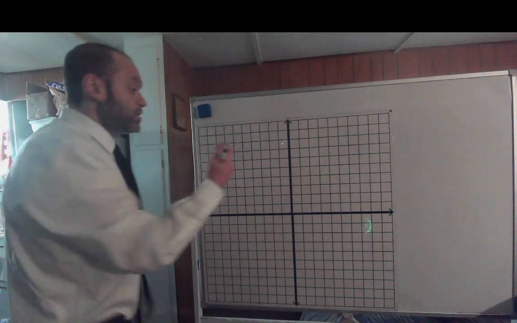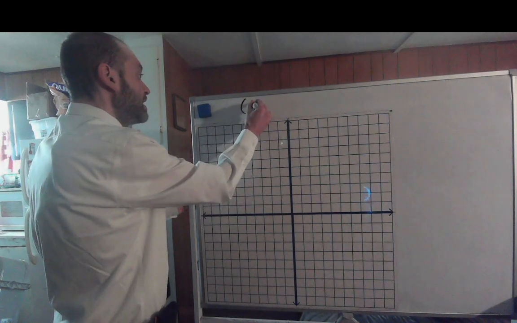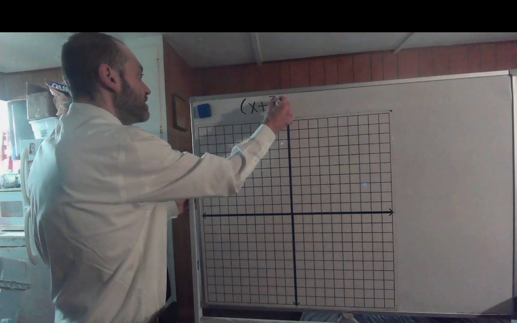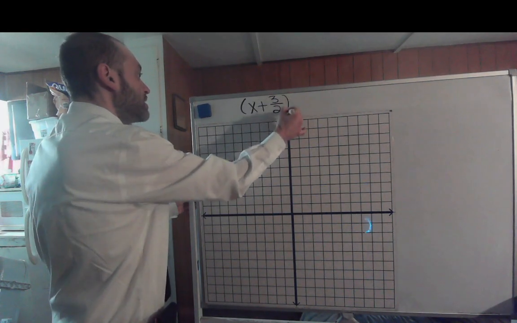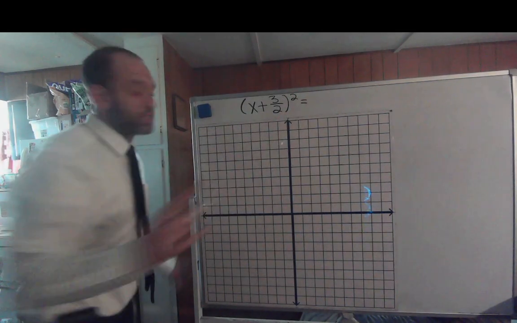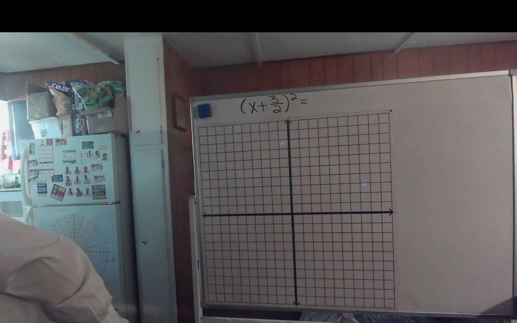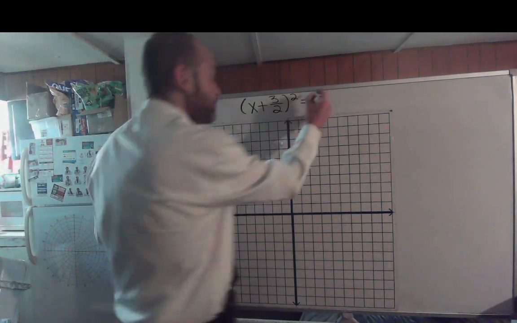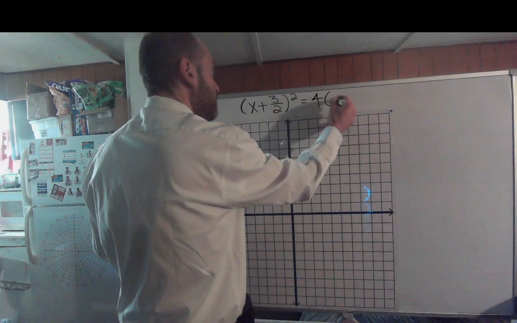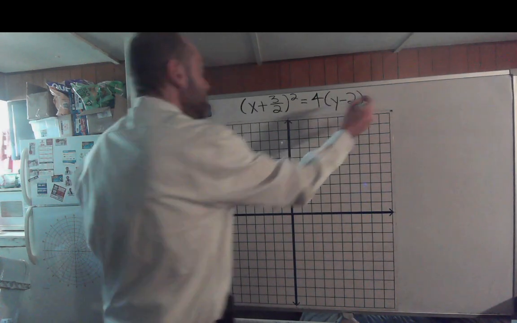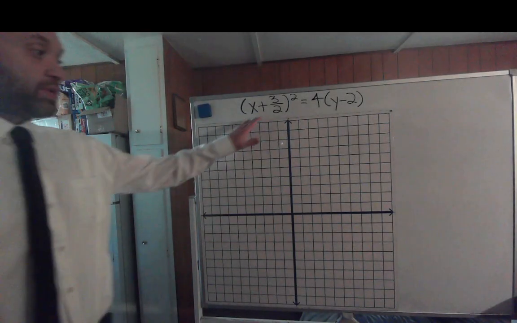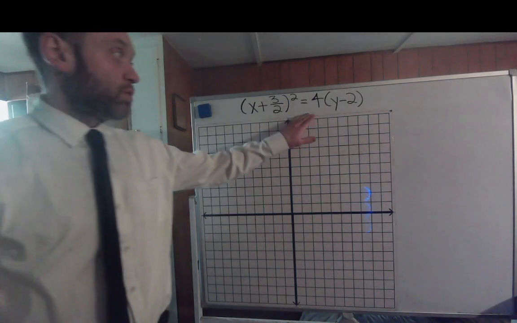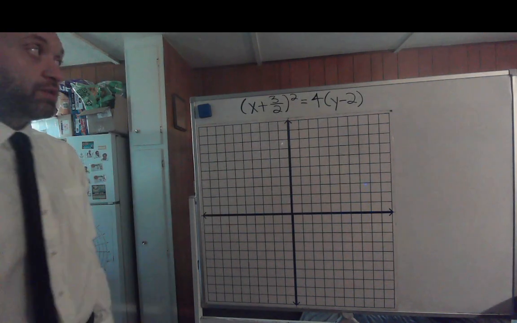Alright, so good one. So we have x plus 3/2 quantity squared is equal to 4 times the quantity of y minus 2.